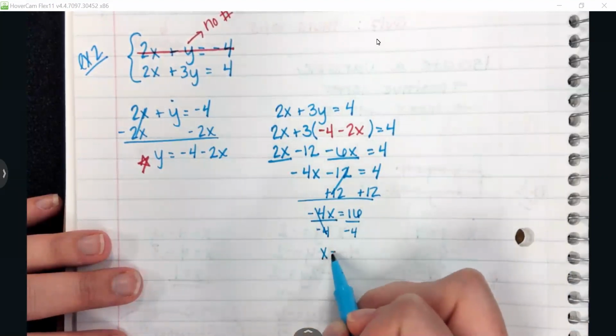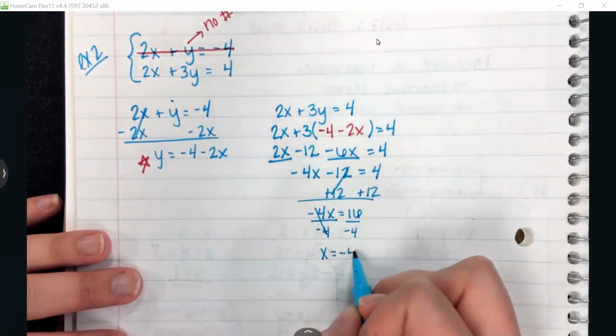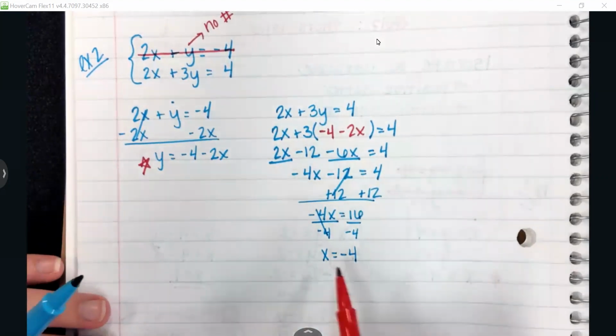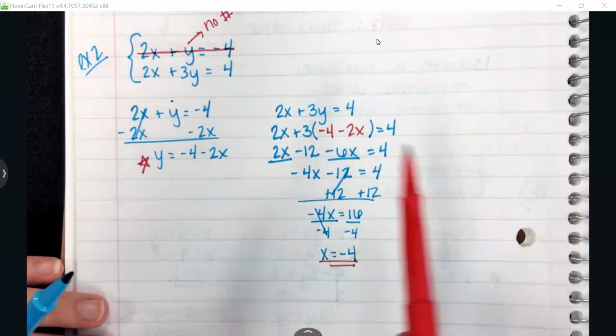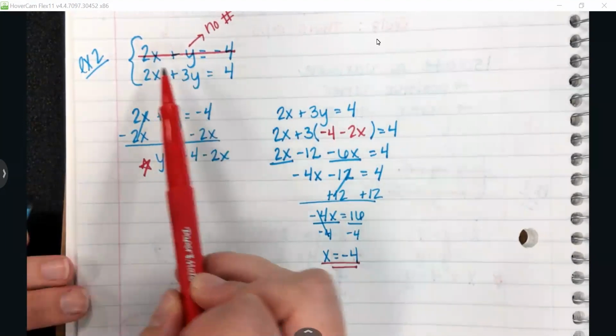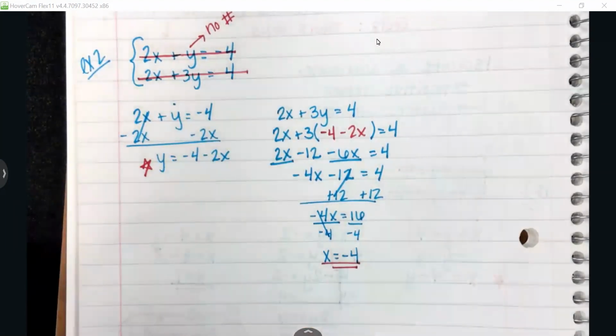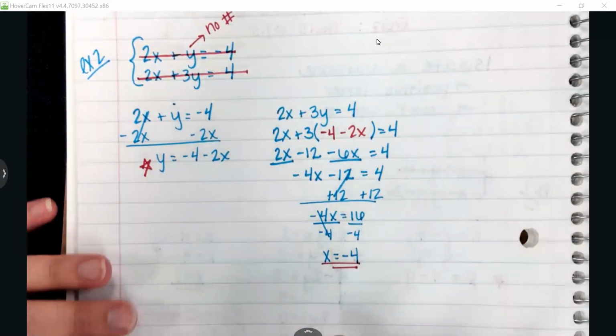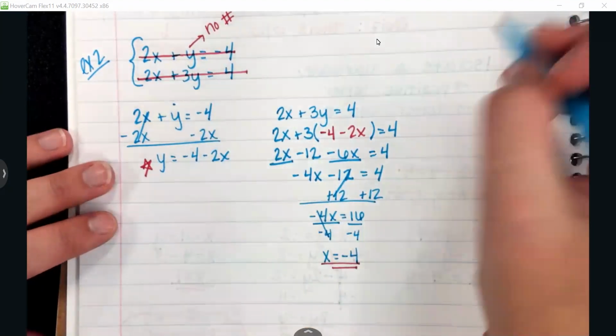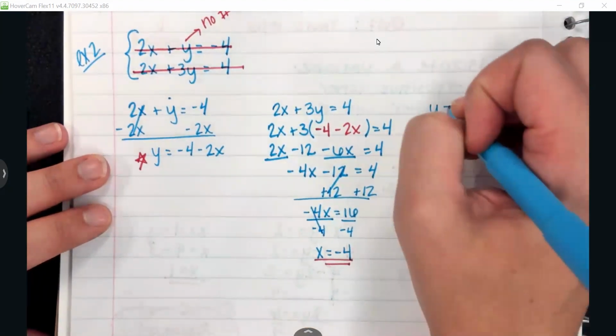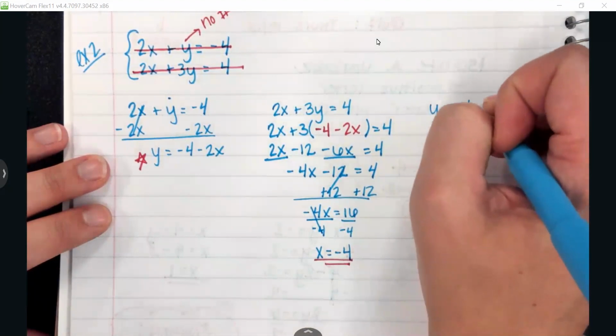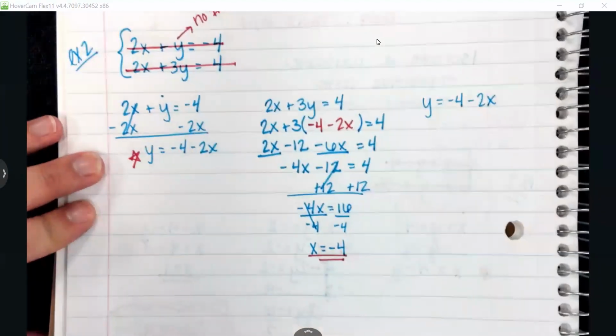What does x equal? Negative 4. When I use my equation, I cross it out. Now I have to use my star equation. Y equals negative 4 minus 2x.